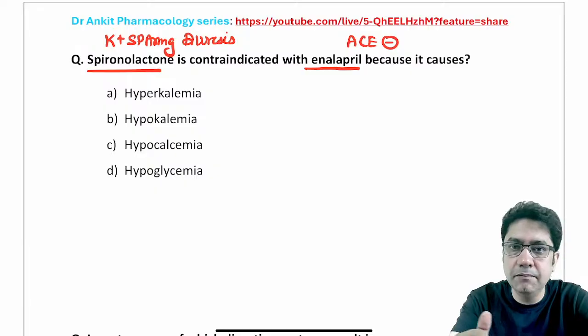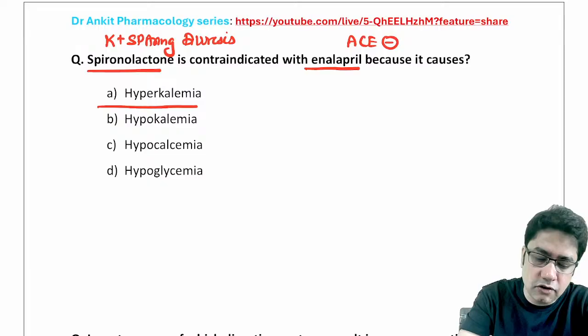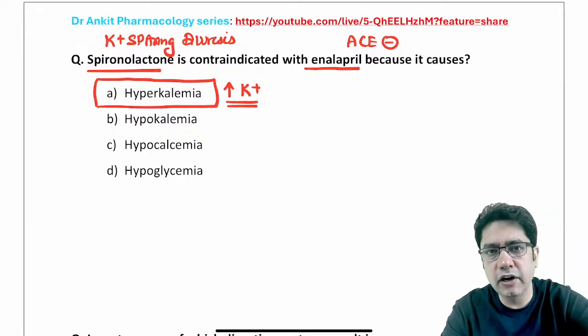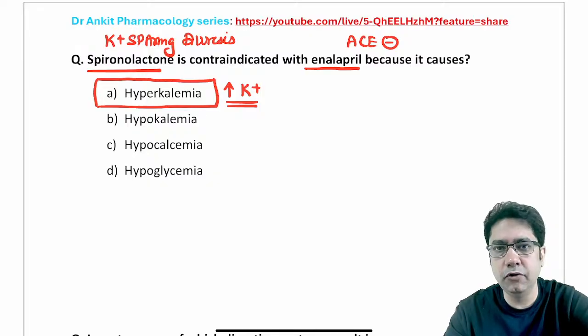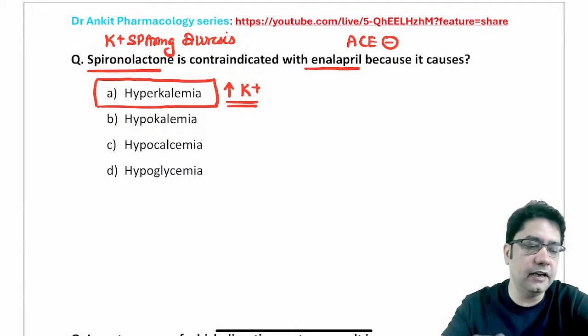So when you combine a potassium sparing diuretic with an ACE inhibitor, there is a dangerous risk of hyperkalemia. So potassium level will increase drastically in the body. So we should avoid combining them together, because both drugs produce additive hyperkalemia.